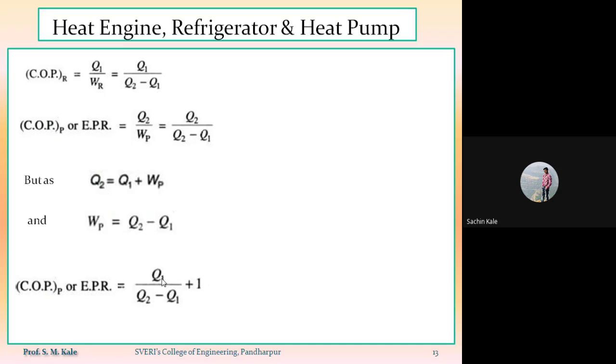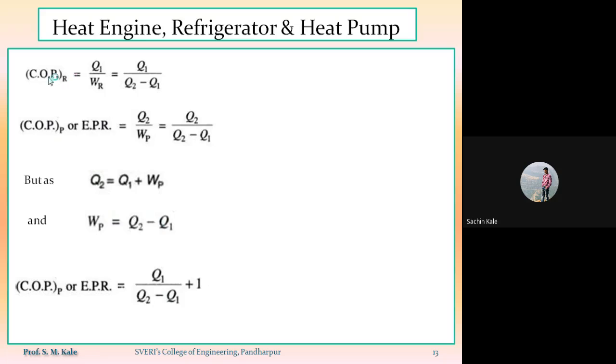COP of heat pump or energy performance ratio is equal to Q1 divided by Q2 minus Q1 plus Q2 minus Q1 divided by Q2 minus Q1. Q2 minus Q1 and Q2 minus Q1 will get cancelled, and here I will get the value as 1. So here Q1 divided by Q2 minus Q1, what will I call that? COP of refrigerator is nothing but Q1 divided by Q2 minus Q1.